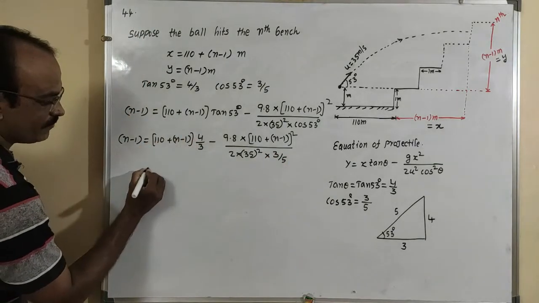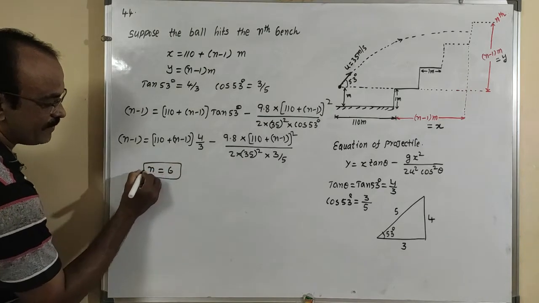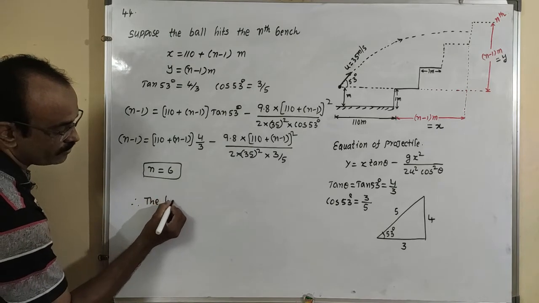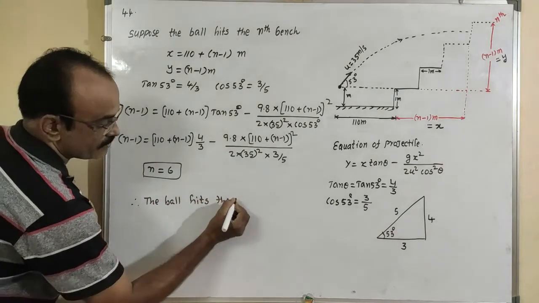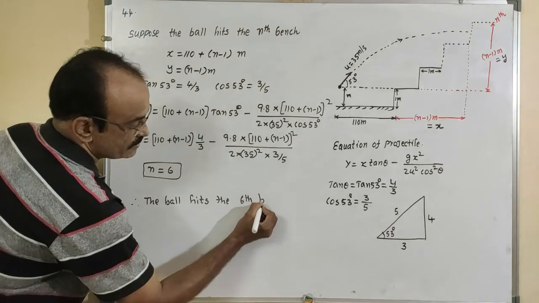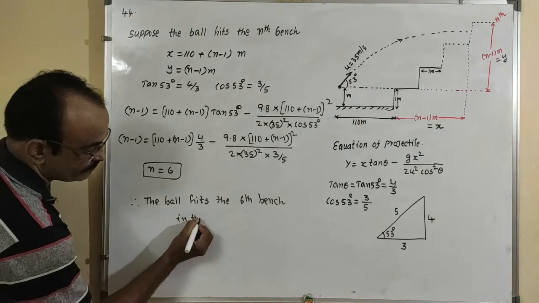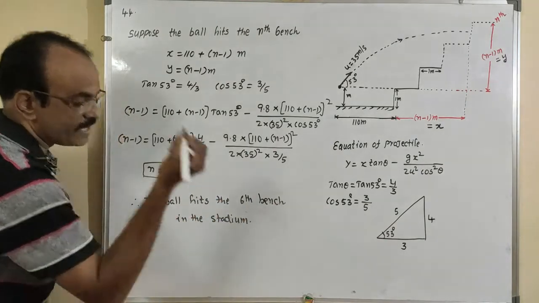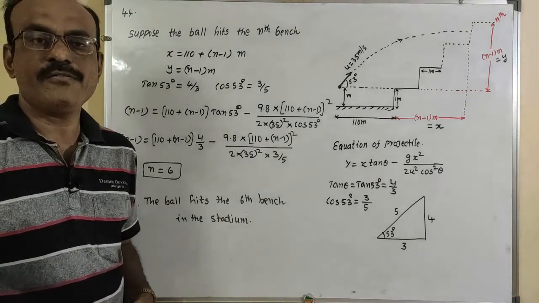On calculating this, we will get n equal to 6. So finally we write that the ball hits the 6th bench in the stadium. This is the solution for question number 44.